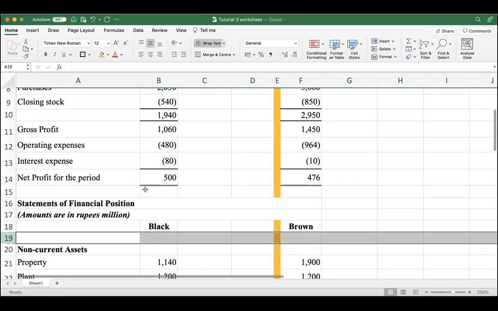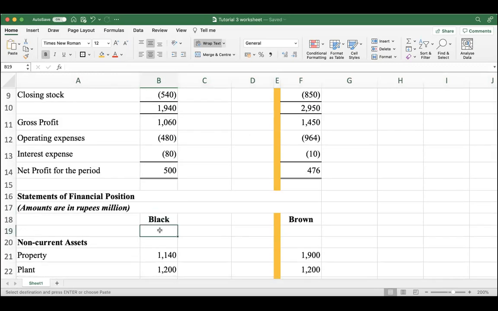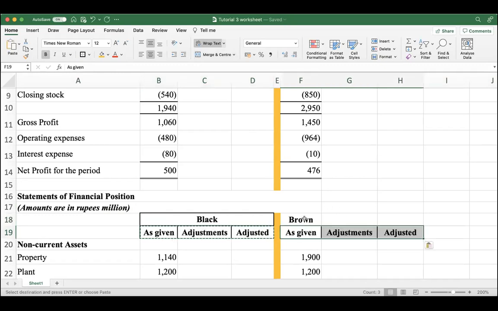You can copy these columns: values as given, then adjustments, then you have adjusted values.